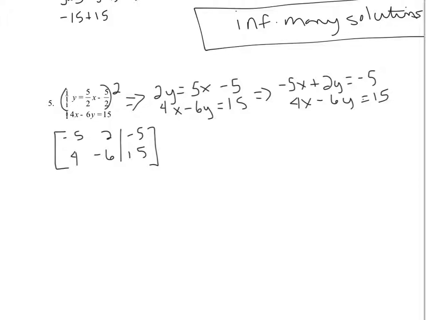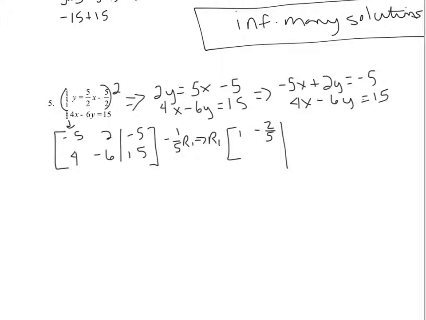All right, my top left element is not 1, and it needs to be 1. So I have to multiply by a negative 1/5. Multiply everything in row 1 by a negative 1/5. Negative 5 times negative 1/5 gives me a positive 1. Positive 2 times a negative 1/5 gives me negative 2/5.